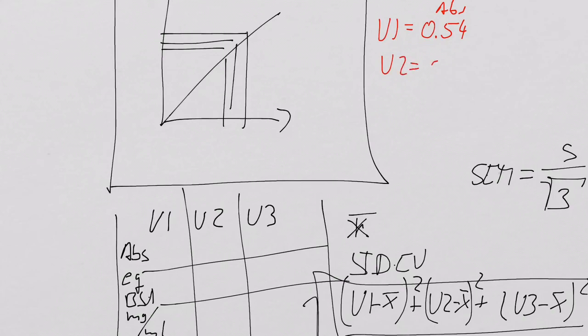U2 equals 0.54. U3 equals 0.54. Can you do the mean? 0.54. Can you do the standard deviation? It's 0. They started panicking. My standard deviation is 0. What shall I do? What would you say to them?